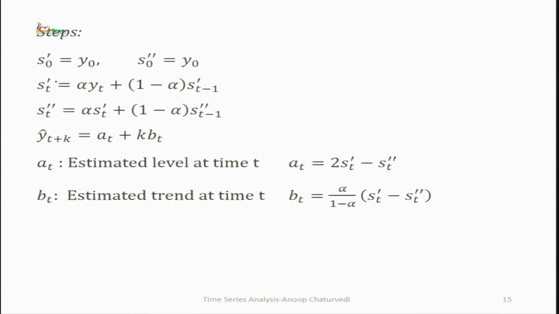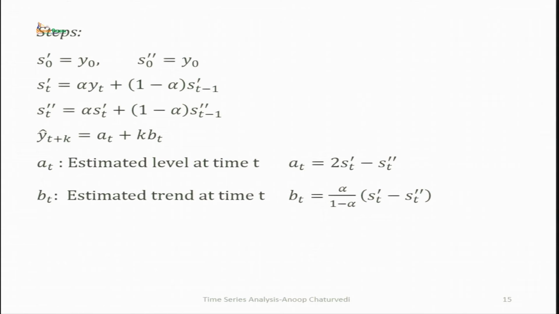Then S t dash is equal to alpha y t plus 1 minus alpha S t minus 1 dash, and for the second series S t double dash is equal to alpha S t dash plus 1 minus alpha S t minus 1 double dash.